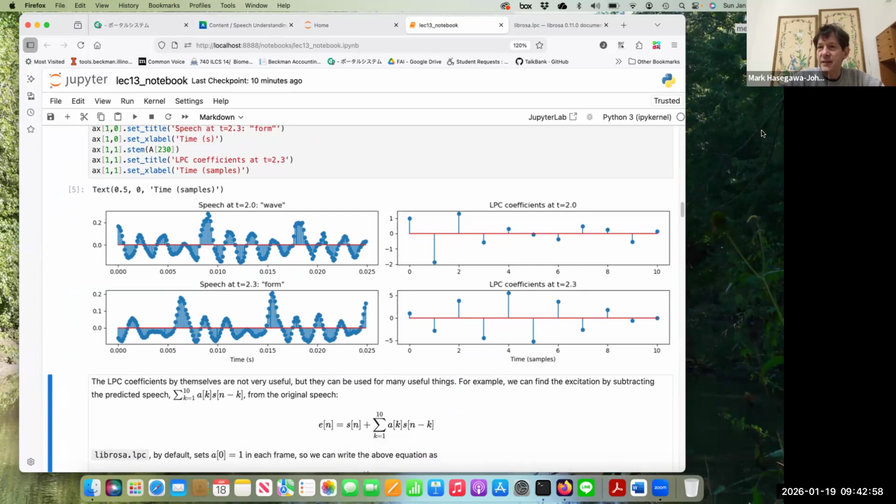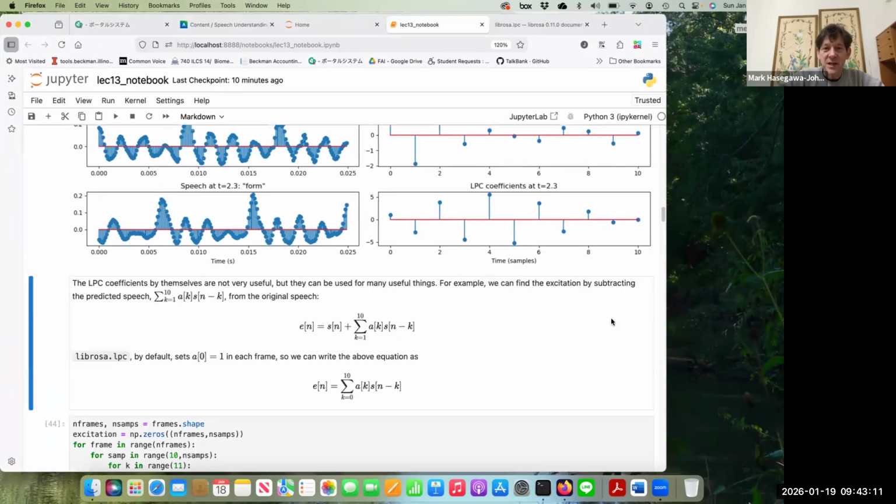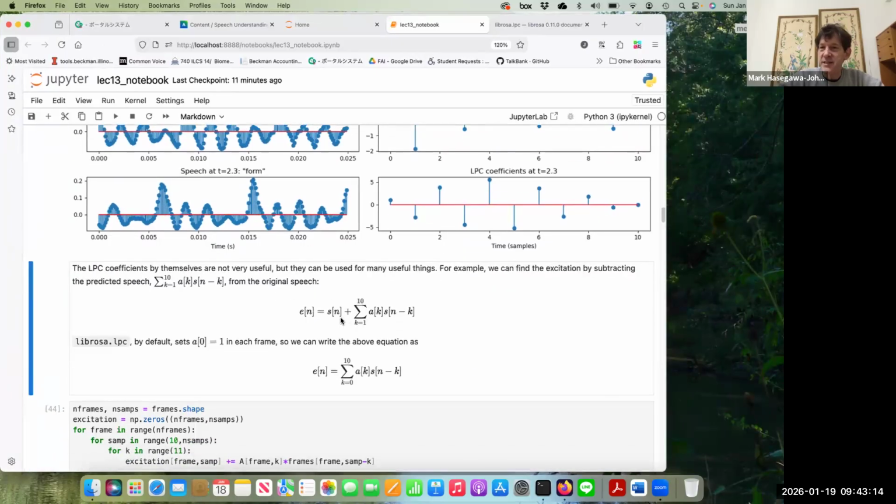Now here's something that is a little bit different from what I described before. I said that there were 10 coefficients, but here in this plot you can see 11, from 0 to 10. And that's described in the text down here.